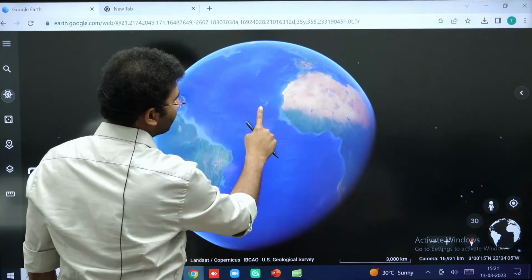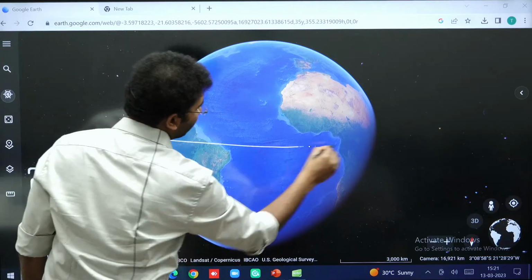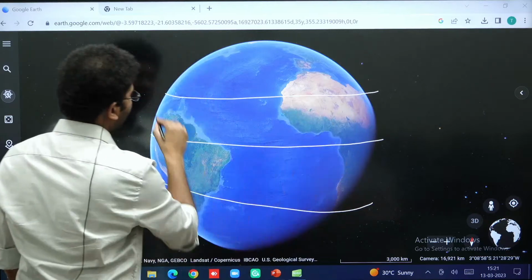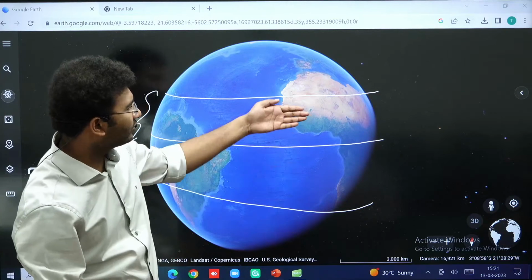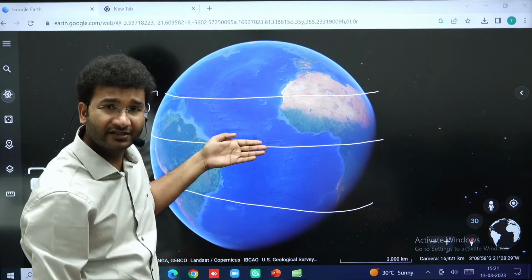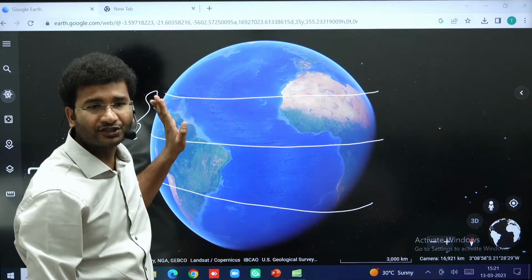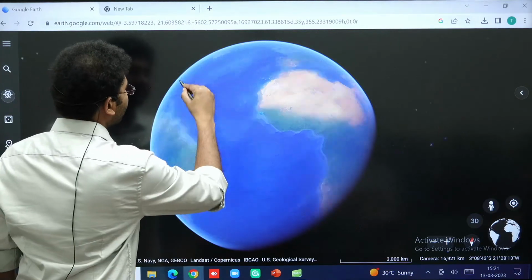Okay, imagining that, yeah, this is your Atlantic Ocean. So this is your equator, and these are your tropics, right? Now we'll try to understand how the ocean water circulates, or how the ocean water temperature is distributed in this area as well as the other side of the ocean, right? Now you take the Atlantic Ocean here.